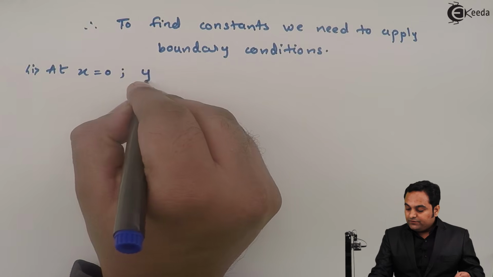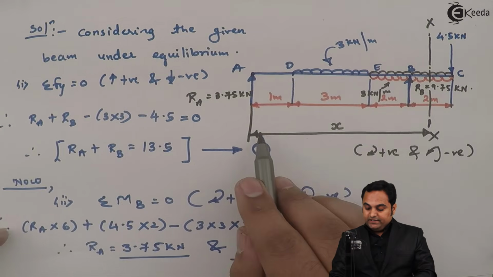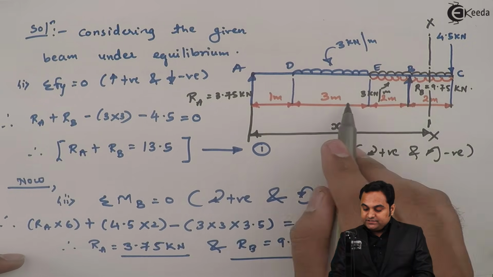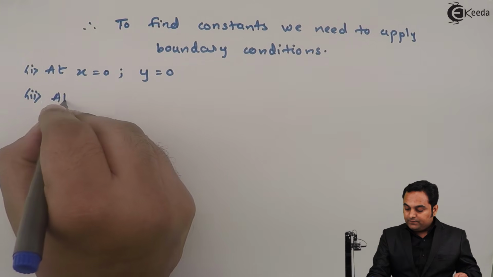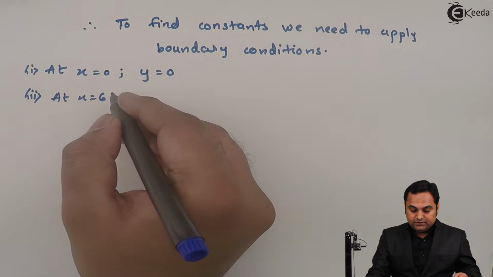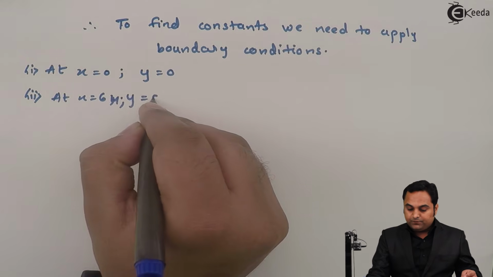At x is equal to 0, y is equal to 0. And the second boundary condition is when x is equal to up till b, that is 6 meter, at x is equal to 6 meter, y is equal to 0.